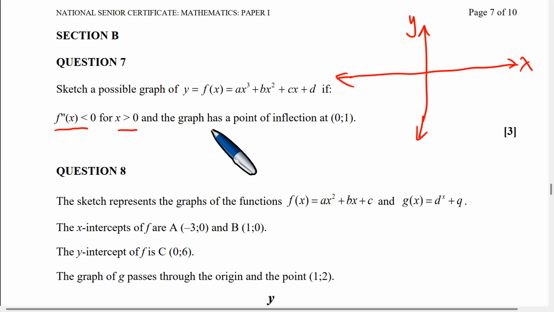If the second derivative is negative, it means the graph is concave down, and this describes the shape.